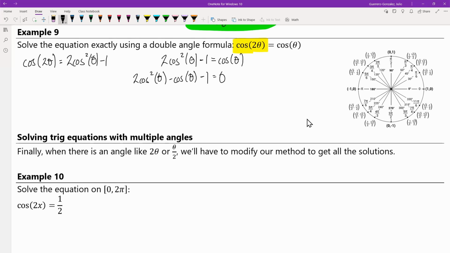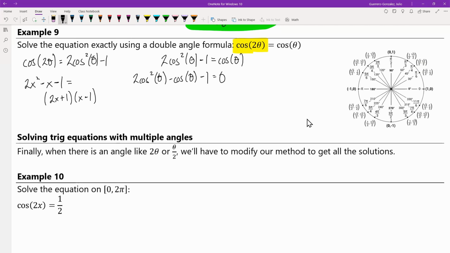I'm going to do this again. I'm going to do 2x squared minus x minus 1. I changed all the cosines into x's. Whatever was squared still remains squared. I want everybody to sort of verify this. This is equal to 2x plus 1 times x minus 1.